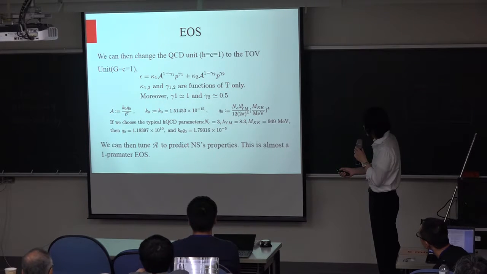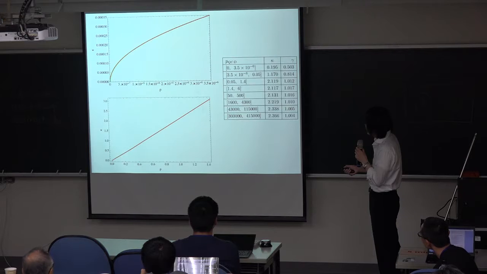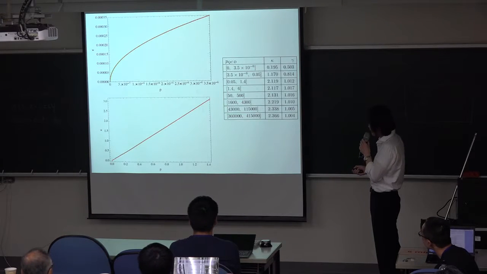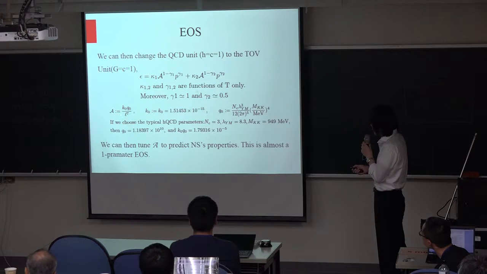This K0, Q0 is fixed if we already fix M_KK. So in some sense, A is a parameter of L to the -7 order. And this L, as I mentioned before, is the scaled distance between these two branes. So this L is actually the only parameter we have.